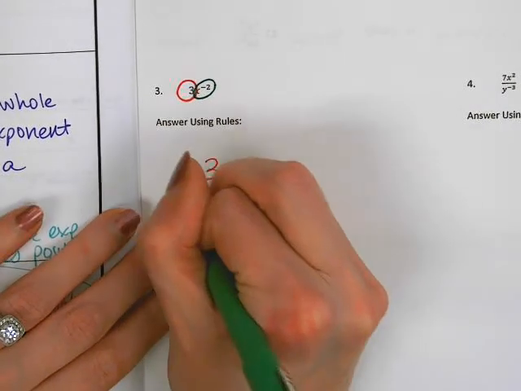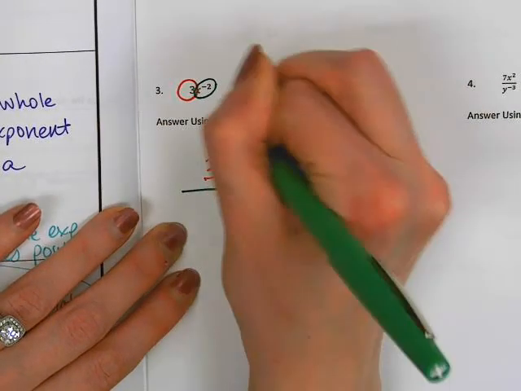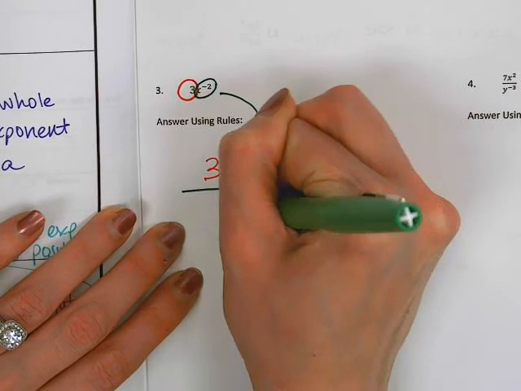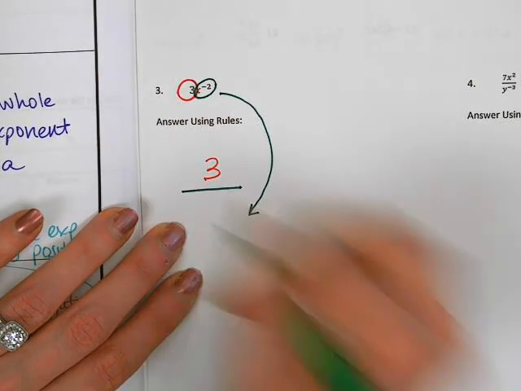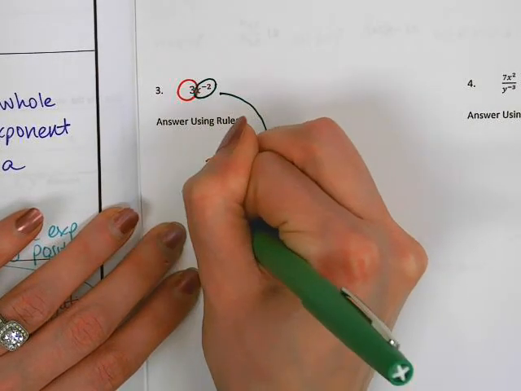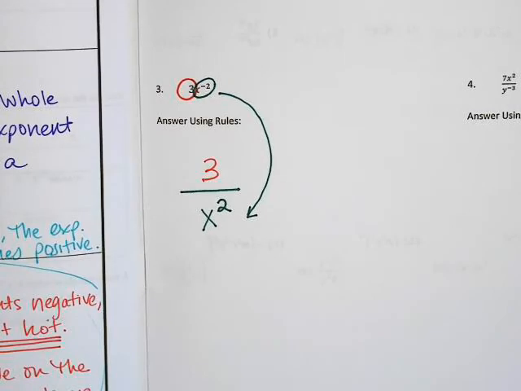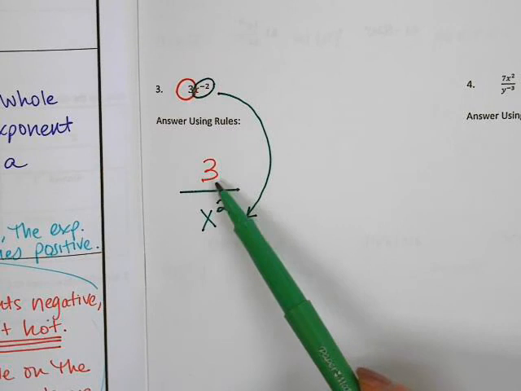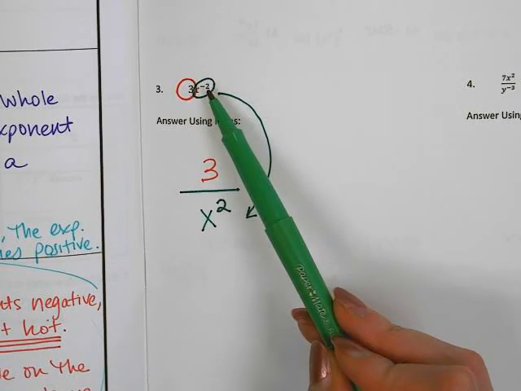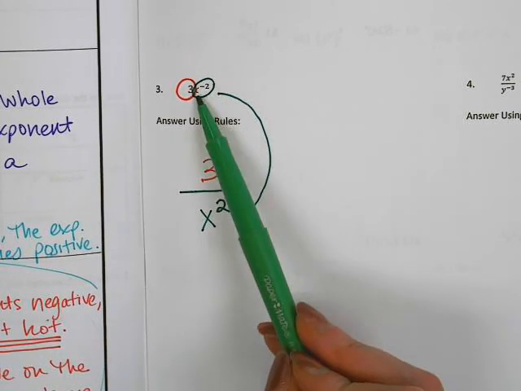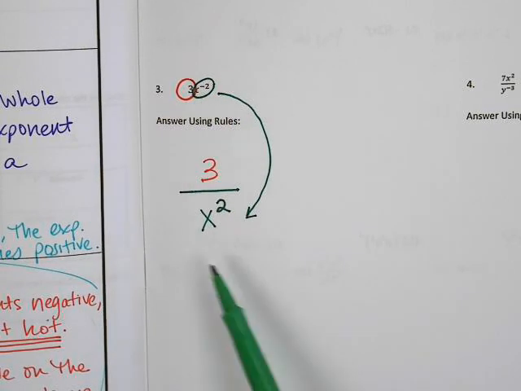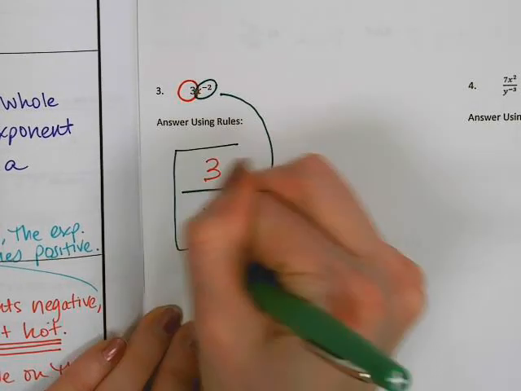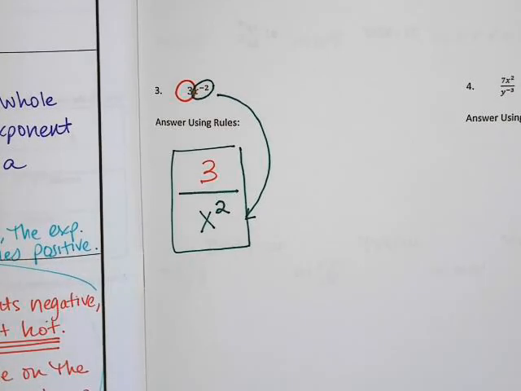So now we need to draw a fraction bar, and this guy drops to the denominator. And when you drop him, the exponent becomes positive. Okay, that's the answer. So the 3's all good. But if your exponent's negative, drop it like it's hot, and the base and the exponent have to travel together, and once they get dropped, it becomes positive. That's all you can do.